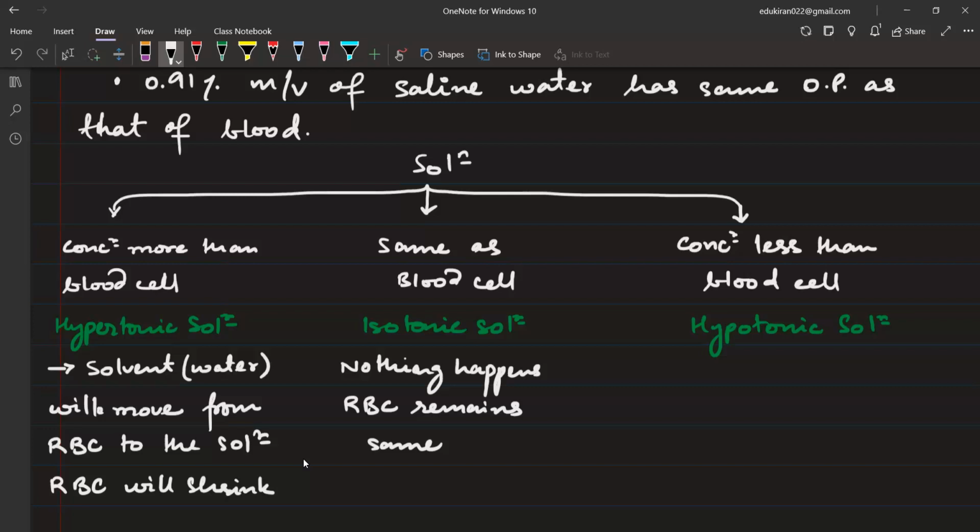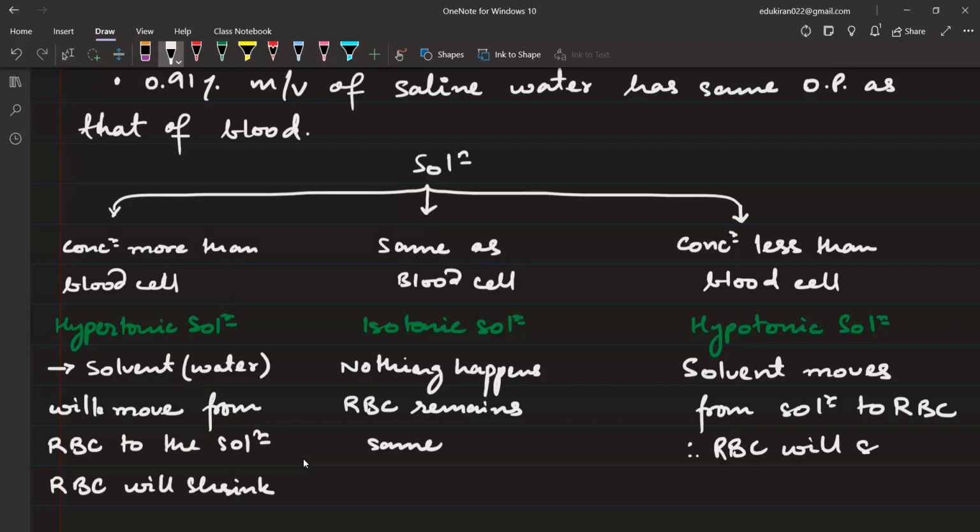When the concentration of solution is less, solvent is more. So solvent moves from the solution to RBC. Therefore, RBC will swell up.